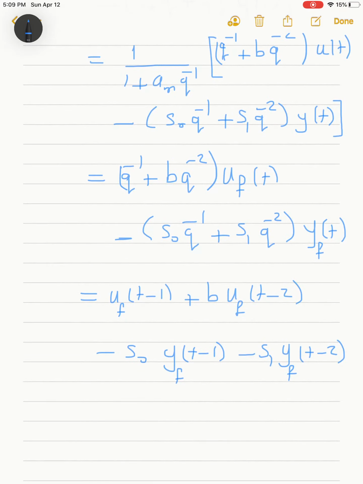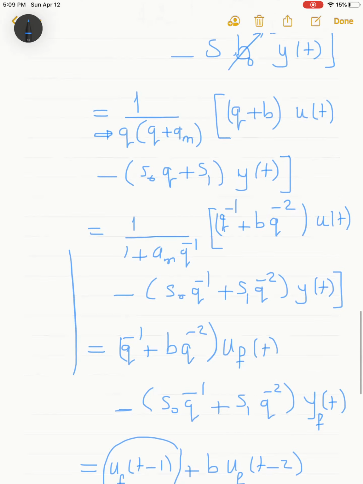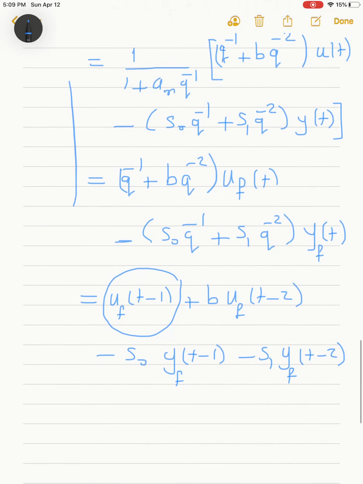Now, since this term doesn't have any unknown parameter, I can bring it to the left-hand side of the equation. This, by the way, is y of t, the left-hand side. So I could write y of t minus the filtered signal of u at t minus 1 equals a product.